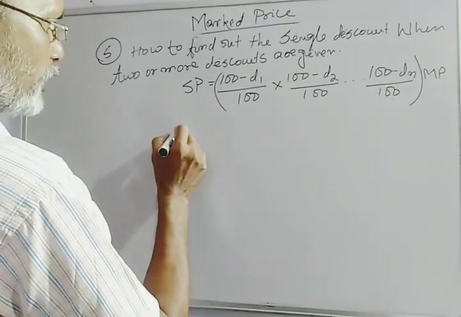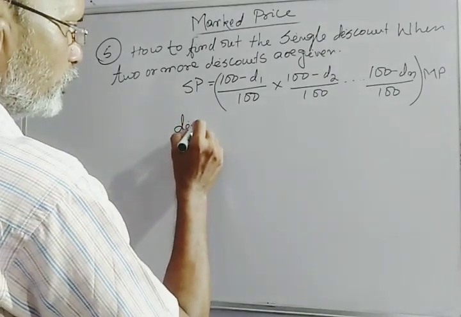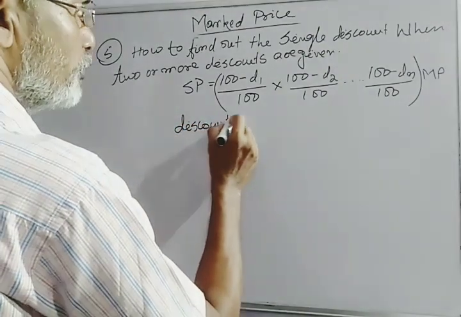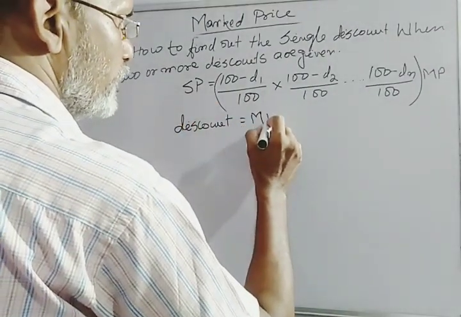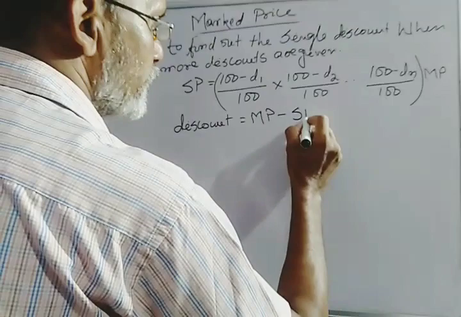So discount will be equal to MP minus SP.